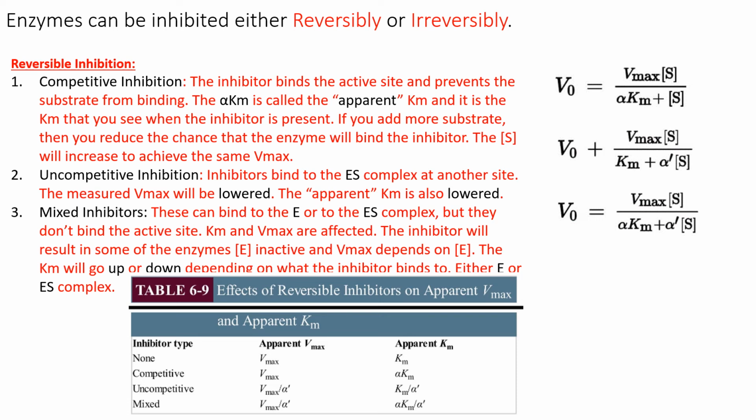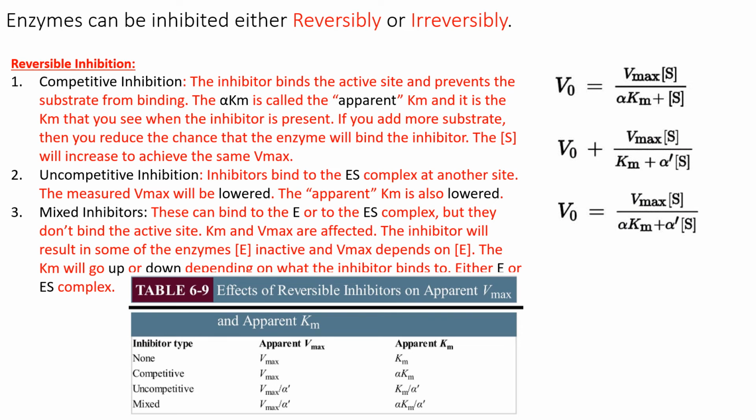The Km will go up or down depending on what the inhibitor binds to, either the enzyme or the enzyme substrate complex. And the equation is V naught is equal to Vmax times the substrate concentration divided by alpha Km plus alpha prime substrate concentration.